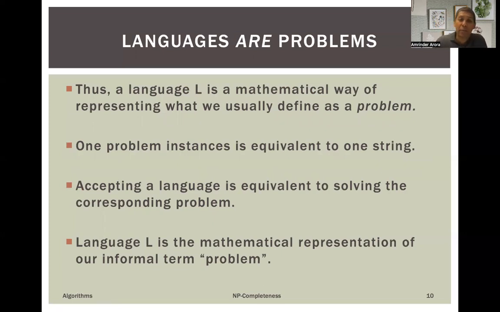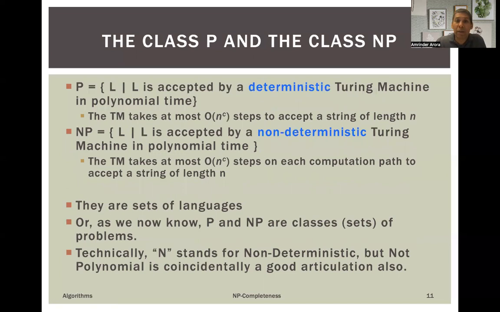I hope this has been helpful, but while we're on this topic, we can also talk a little bit about some of the languages that are solvable, problems that are solvable, and some that are not. So going back to the classes P and NP, the class P is a set of languages accepted by a deterministic Turing machine in polynomial time, NP by a non-deterministic Turing machine in polynomial time.